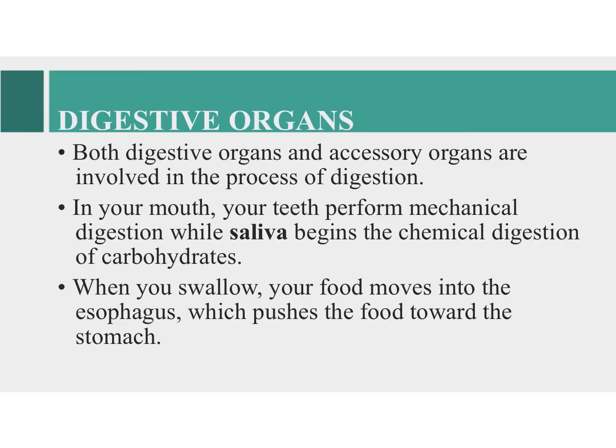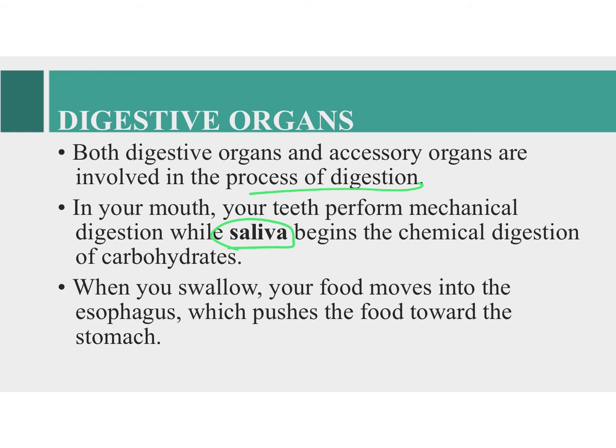So, both digestive organs and accessory organs are involved in the process of digestion. It starts with the saliva. If you're looking with me on page 296, you see that the food enters the mouth, or the canal, which is called your mouth, right?